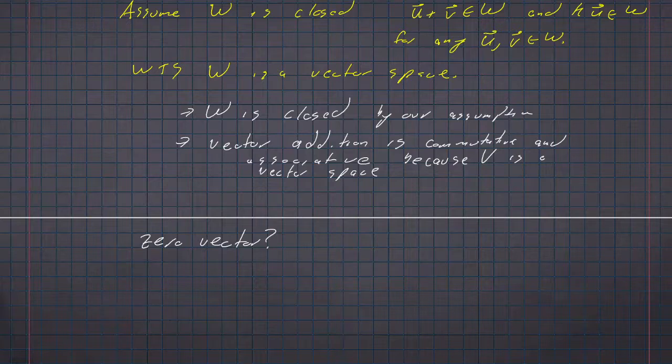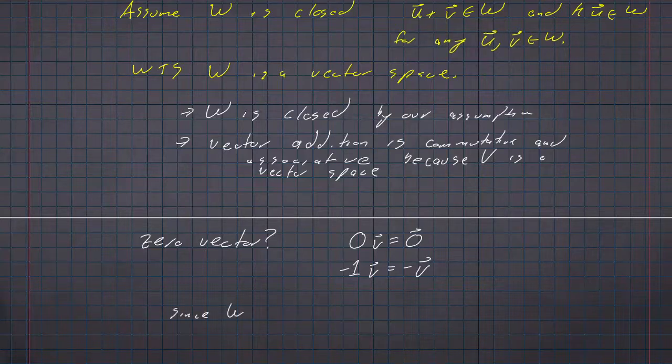Namely, 0 times V is 0, and -1 times V is the opposite of V. That is true of any vectors in any vector space.